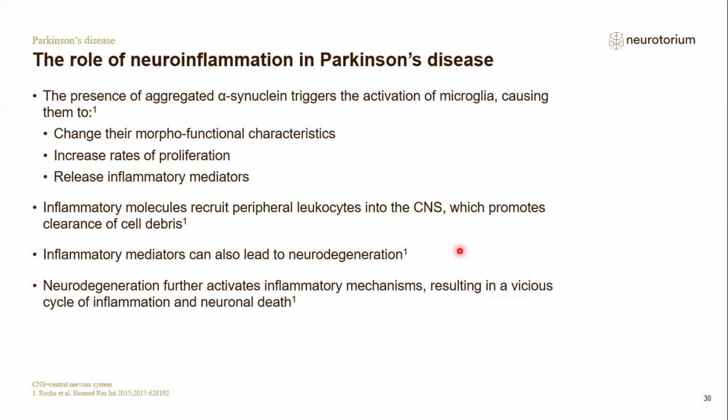But in the elderly, because the system is now working almost below minimum, they already have chronic inflammation. The microglia will still be mobilized and the inflammatory mediators will be released, but they end up recruiting more leukocytes from the periphery. And this usually will promote clearance of the cell debris.